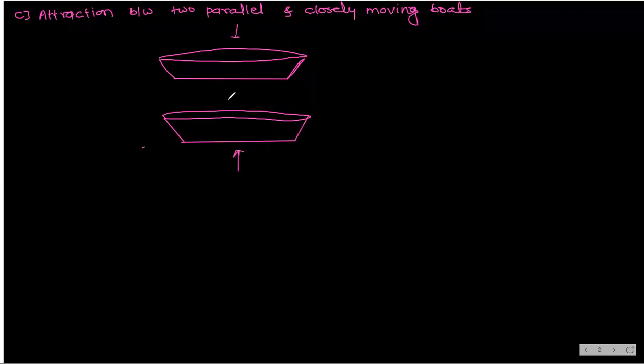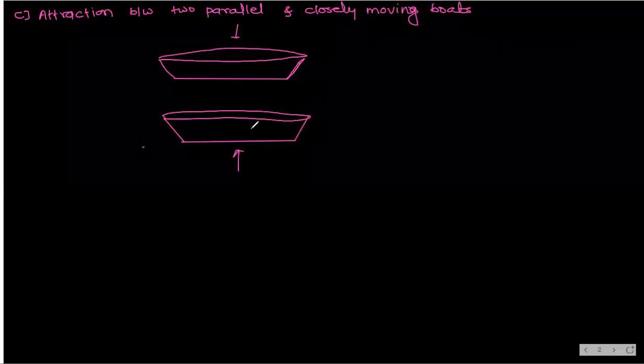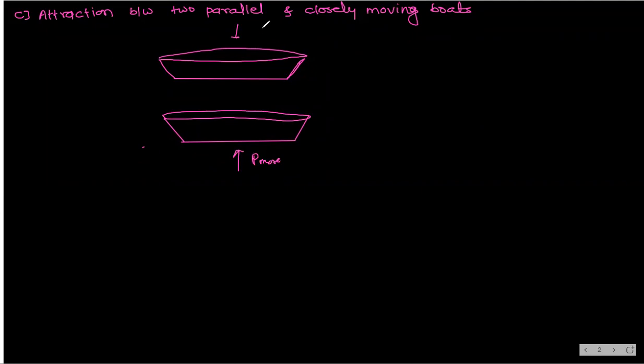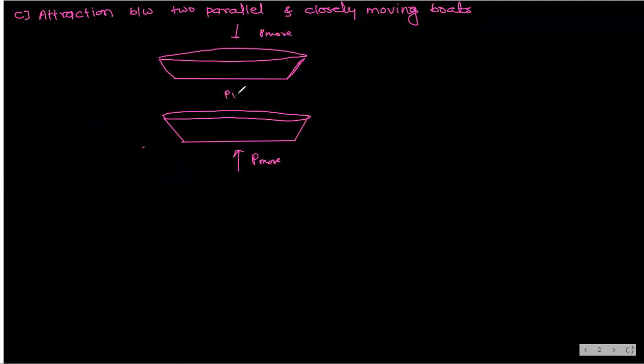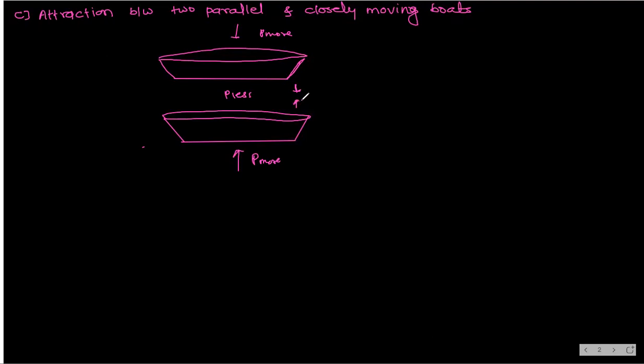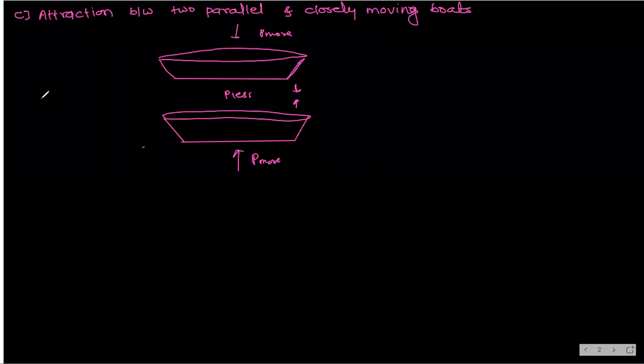And they will come closer, because pressure is more here. Here also P is more. Here in between pressure is less. That's why they will move towards one another. Yes, this is also one application of this dynamic lift only, right?